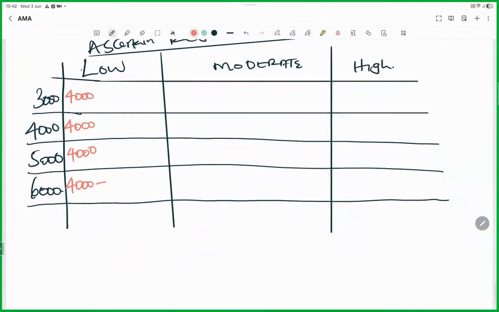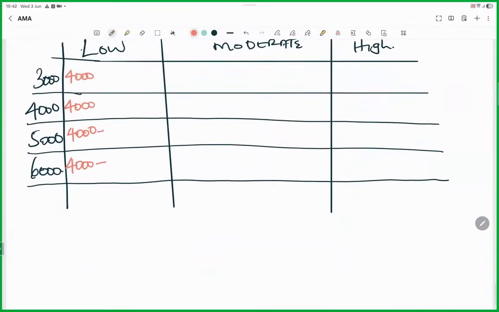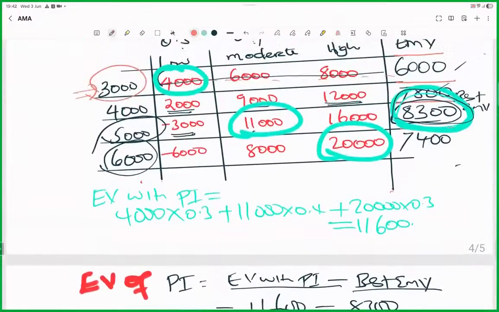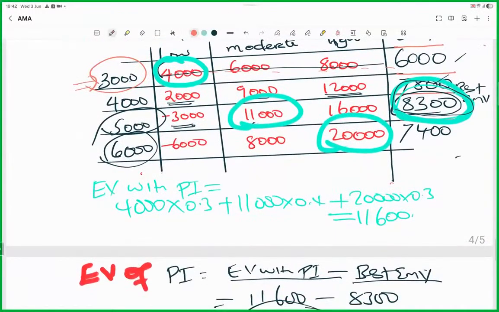Now for a minus, because I'm calculating opportunity costs. So for column number 1, you transfer all the values down here. So we have here 4,000, 2,000, minus 3,000, minus the way they are. So you select the best in each column, use it as a benchmark downwards, and then you reduce.